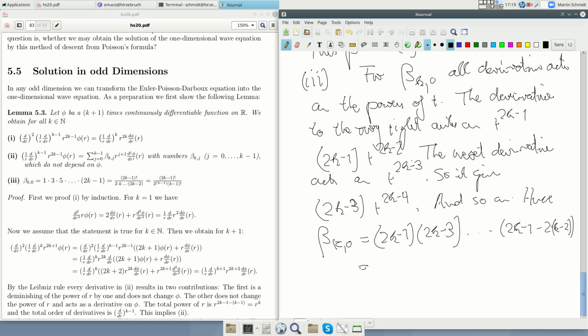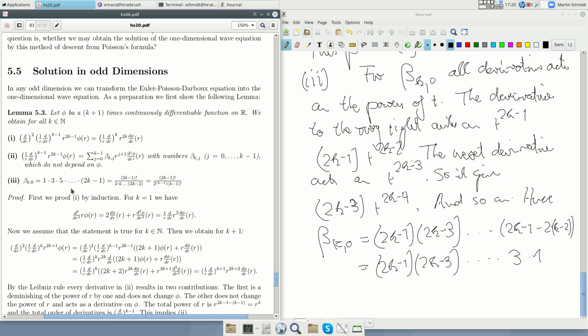So this is (2k minus 1) times (2k minus 3), and the last term here is 3. Of course, we may also multiply by another 1; this doesn't change anything. So this is the factor beta_{k0}.